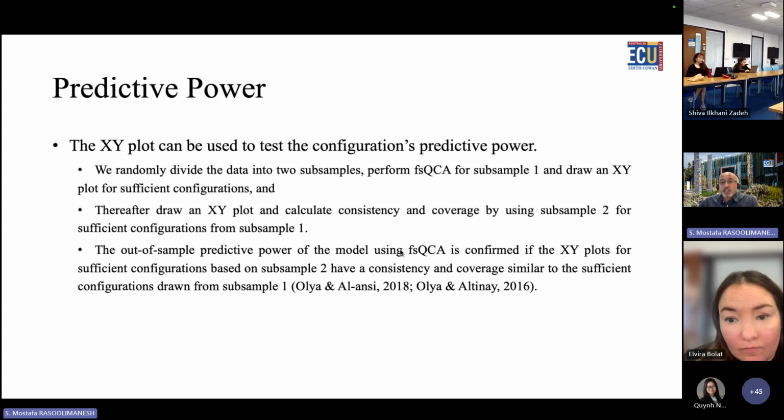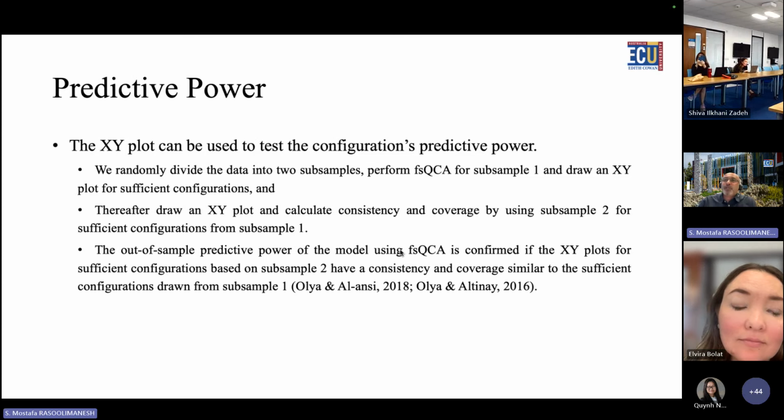If in the future we repeat this type of study, and we know these combinations of factors, if we get high predictive power, it shows that those factors, or this combination, can predict our outcome.